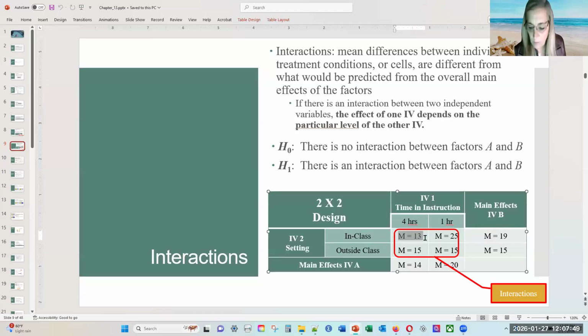This mean, for example, is the mean for the in-class level and the 4 hours of time in instruction. It's taking those two into consideration. And the same is for each of these cells. So when I'm looking at interactions, I'm trying to see if there's a difference between all of these here.